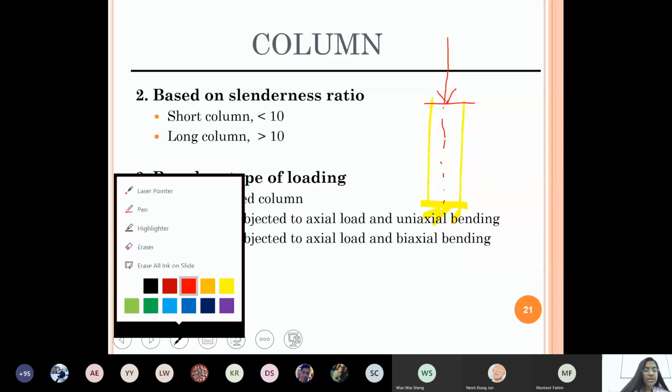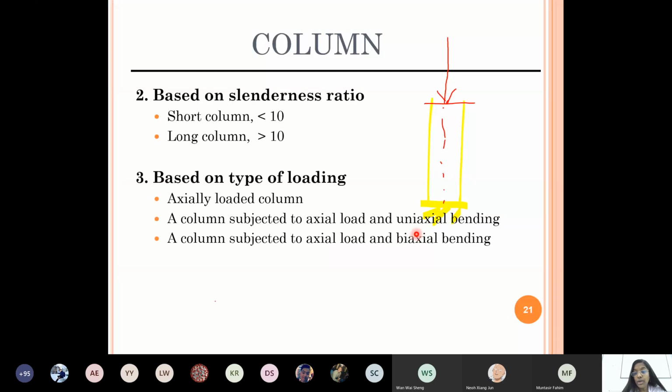Second one is subject to axial load and uniaxial bending. As the length of the column increases, it will become like a cantilever beam. Am I correct? Just now I explained what is cantilever beam, right? Supported at one end, the other end is free.